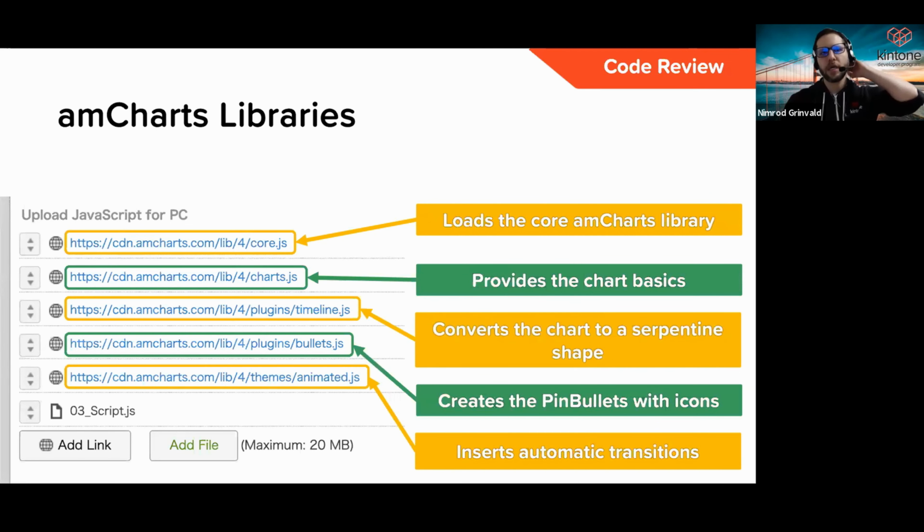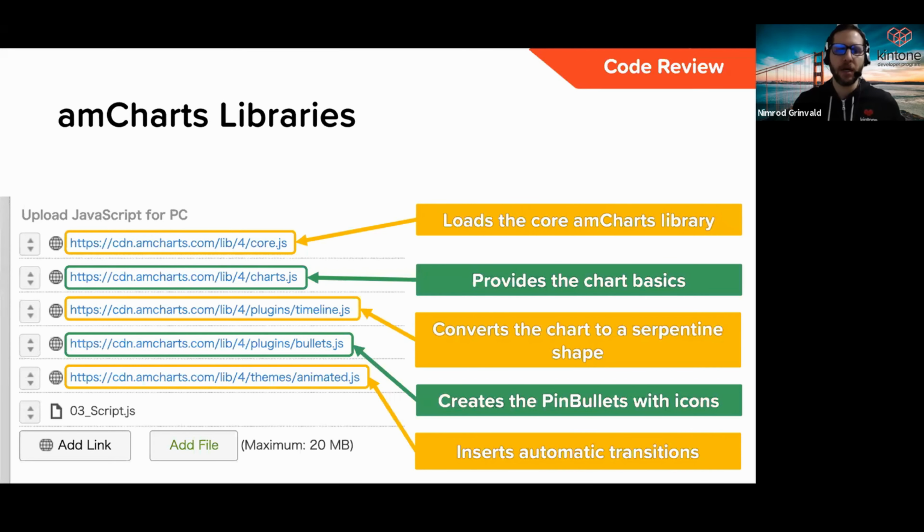Now we'll start with the libraries that you linked to or uploaded into Kintone. From top to bottom, they do the following things. First is going to load the core amCharts library. Then we've got the basics of the charts. There's an extension that will allow us to have the chart take that serpentine, that timeline shape.